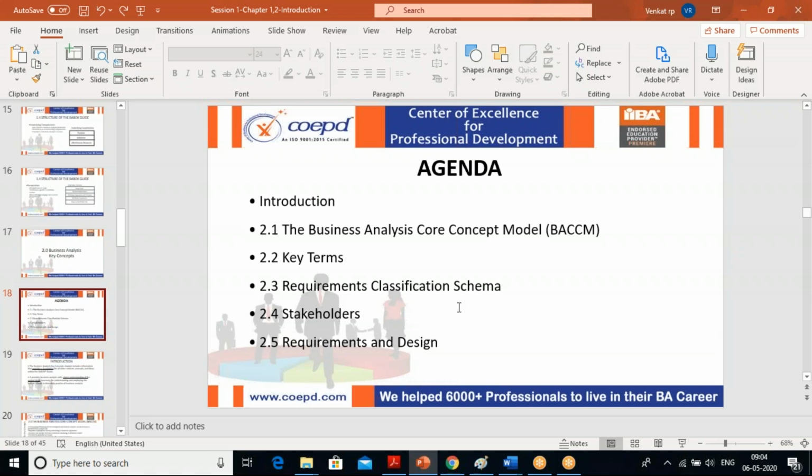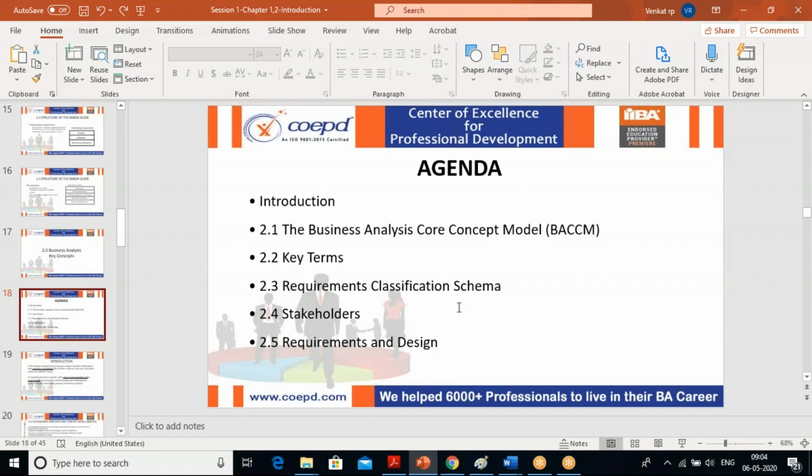Now, in the business analysis core concept model, we discuss 6 key terms and concepts which we are going to use: the need and the change, the solution, the stakeholders, the value and the context. So these 6 are used to form a BACCM, business analysis core concept model.